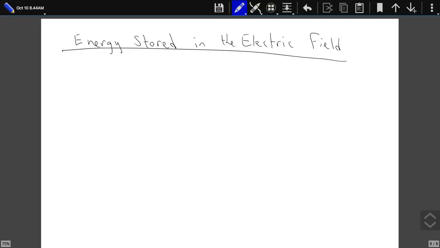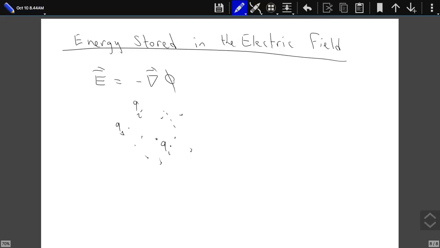So we know that phi is the electrostatic potential. Electric field is equal to minus the gradient of phi. So let's just imagine we have a charge distribution: Q1, Q2, Qi.